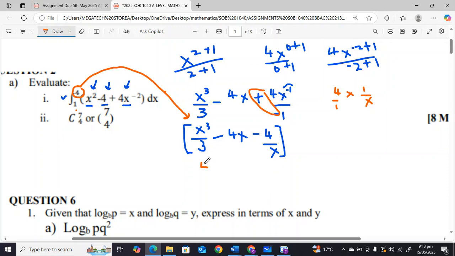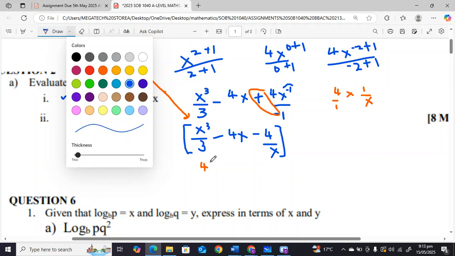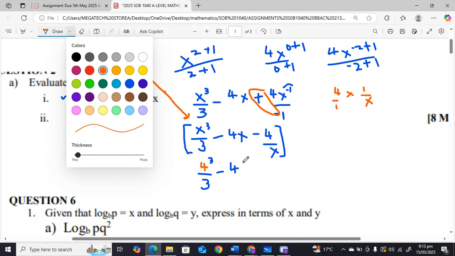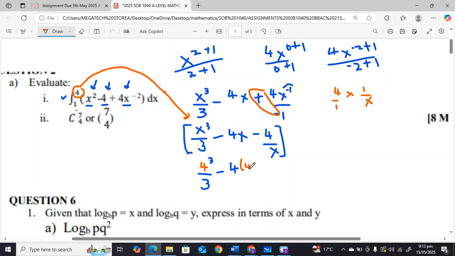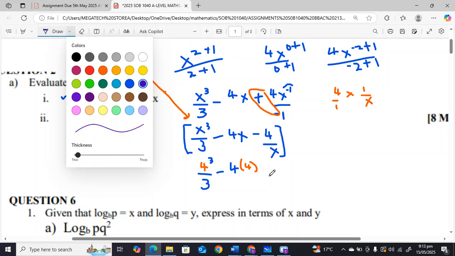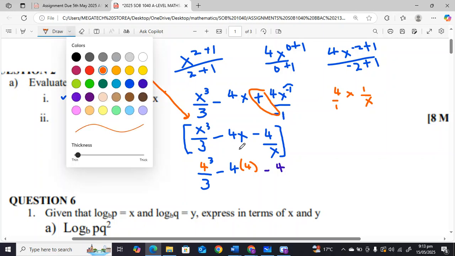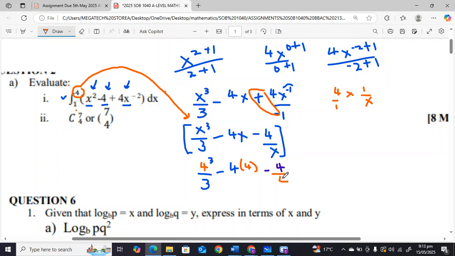So this will become 4 cubed over 3 minus 4 multiplied by 4 minus 4 over 4, like this.